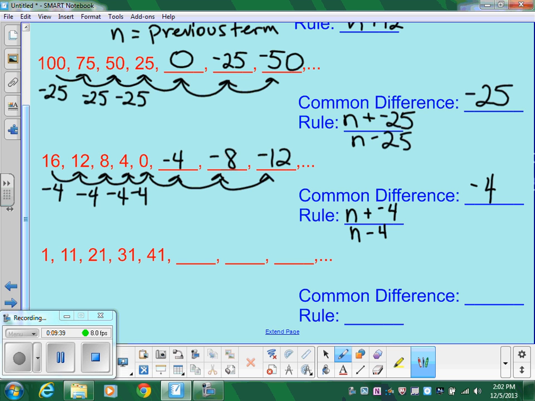Pause the video for a moment and try the fourth one on your own. Okay, once again, let's take a look at our difference. Each time we are increasing by 10. Which means the very next term would be 51, then 61, and then 71, meaning our common difference in this particular case is plus 10.